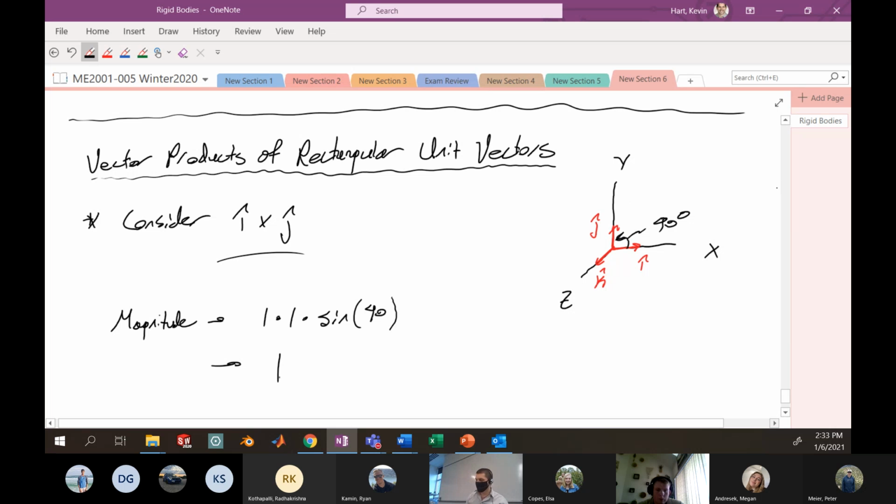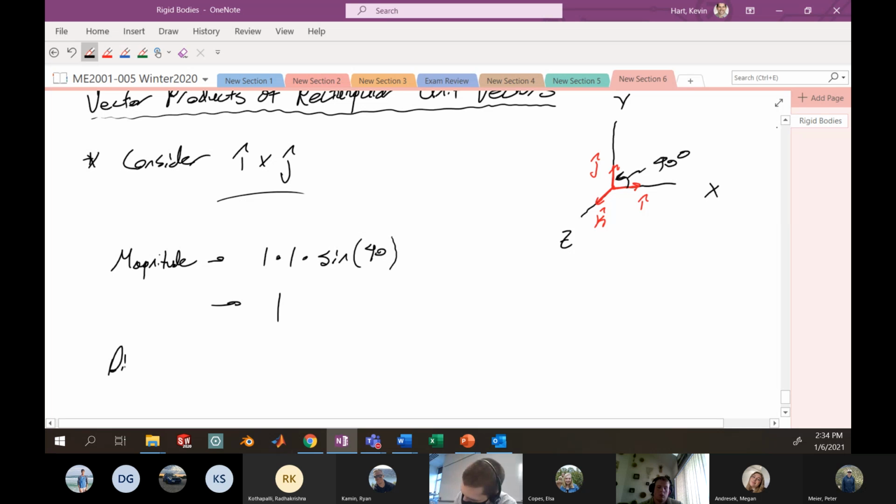Obvious. Right? Now, what is the directionality of I cross J? Well, you have to think about this using the right-hand rule. I stick my arm in the direction of I, curl my fingers toward J, and my thumb will point out of the plane which contains I and J, along the perpendicular axis that happens to be the Z-axis. So the direction is K hat. So I cross J hat is just K hat. An important finding.